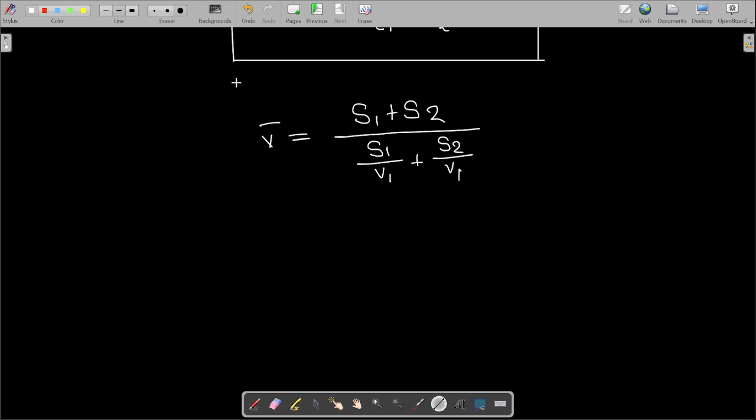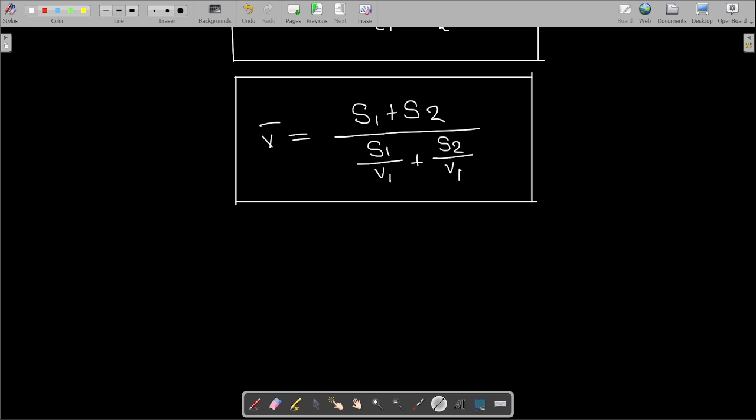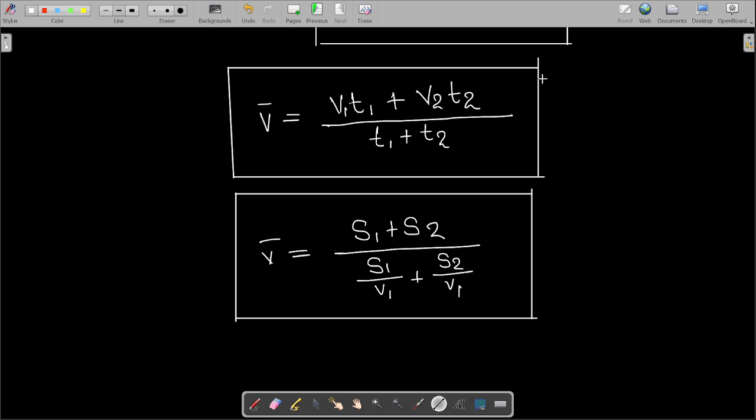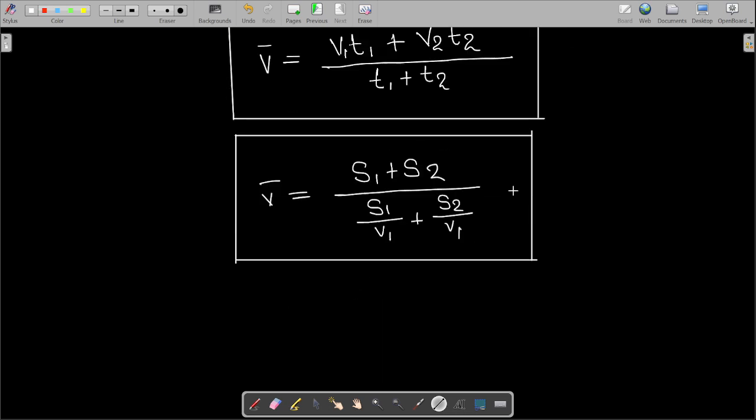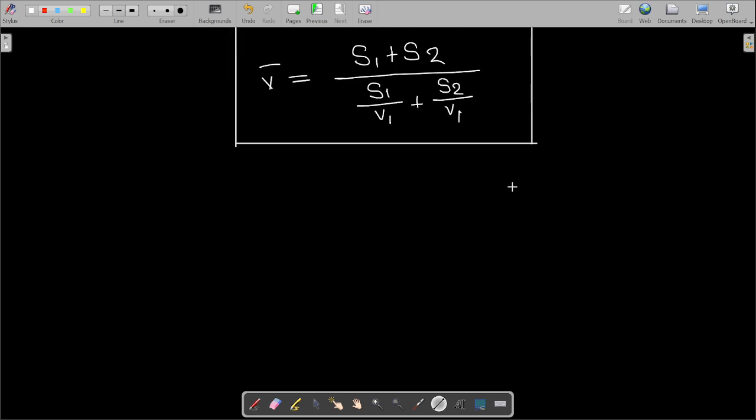This is also a formula of average velocity. Now there are different cases that arise in this. These cases are very important from the point of view of JEE, so please concentrate here.